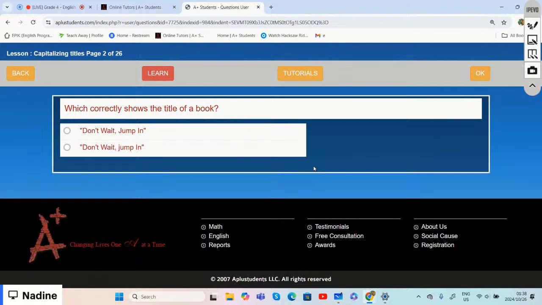All right, the next one says, which correctly shows the title of a book? Is it option one, Don't Wait, Jump In? Or option two, Don't Wait, Jump In?